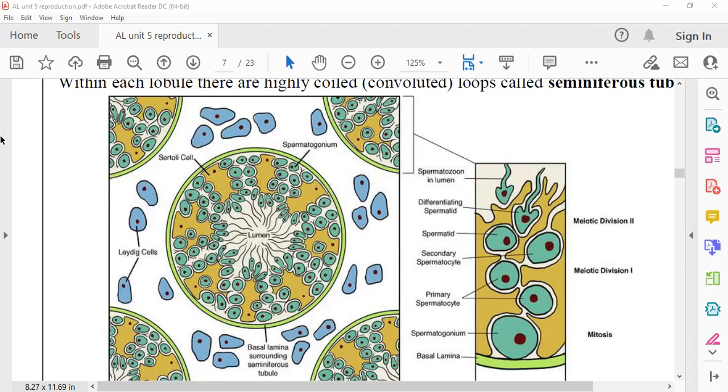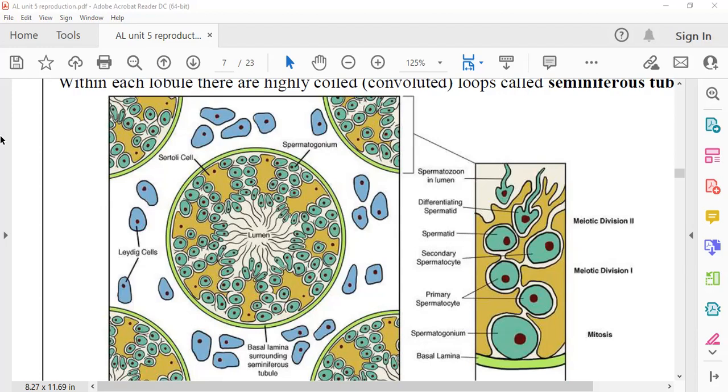Right. Differentiating spermatid. And finally, it is called spermatozoa. That is the young sperm. Young sperm will turn to mature sperm in the epididymis.